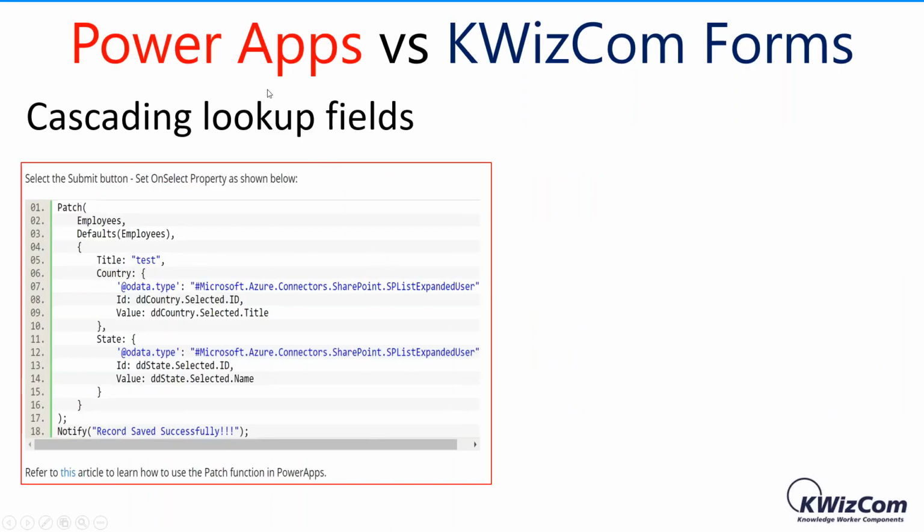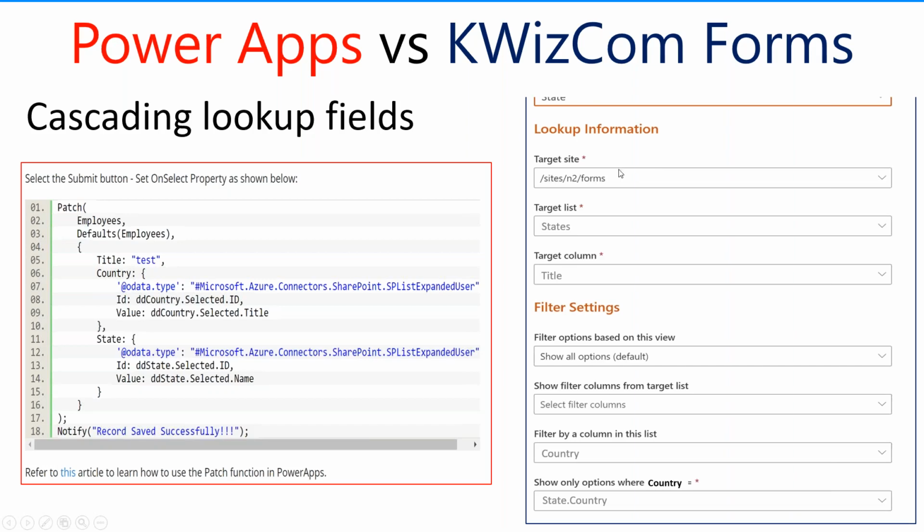And here again is a comparison of Power Apps versus QuizConform, where if you want to do it in Power Apps, you have to do this whole patch and patch the employees to country, combine country with the state, with the data type, and a lot of very, very developer-oriented kind of formatting.